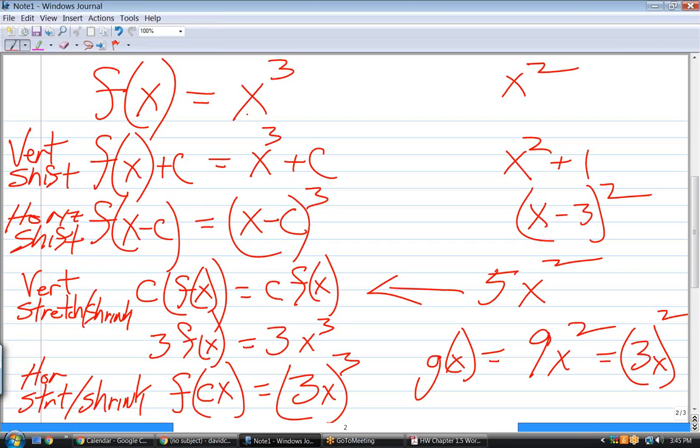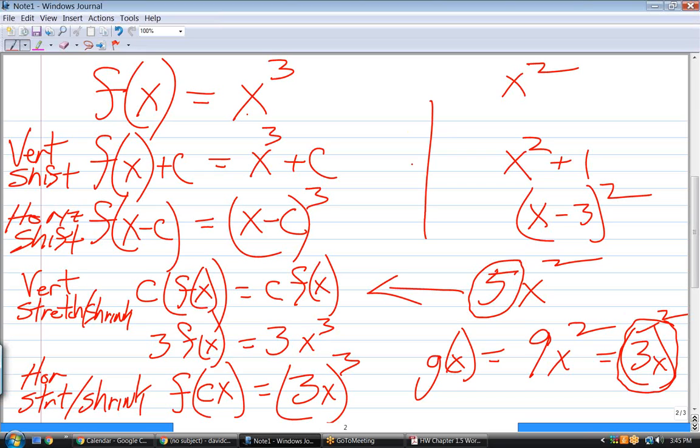So vertical stretches frequently look like horizontal shrinks. Now, here's the thing to know. If we're doing a vertical stretch and this number is greater than 1, it makes it skinnier. In this format, when we're doing a horizontal stretch or shrink, if this number is greater than 1, it shrinks it. It pushes it together.